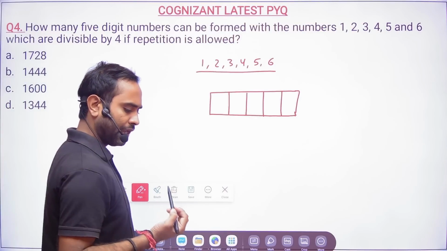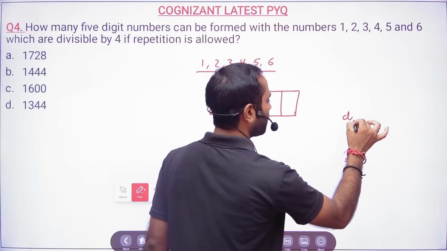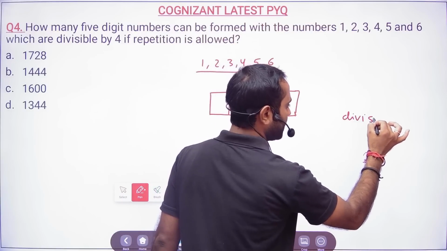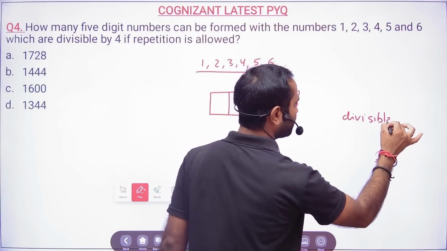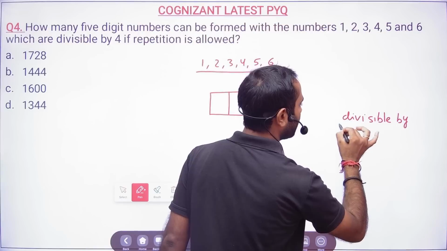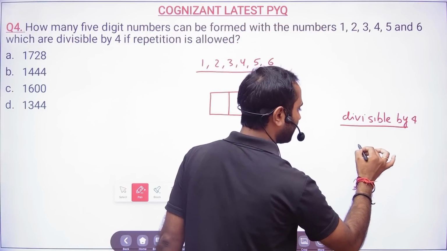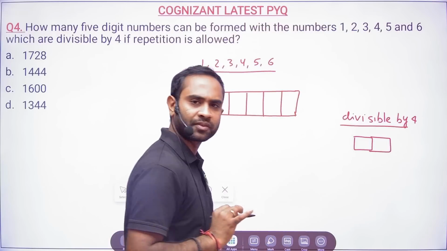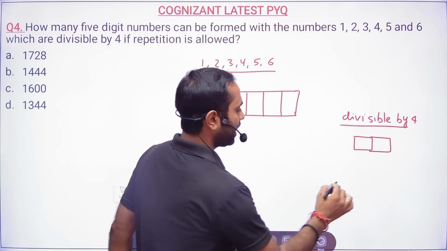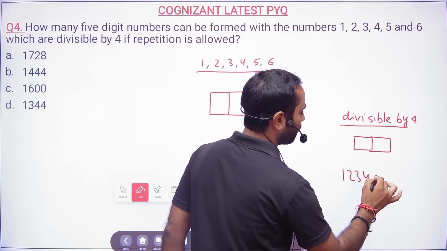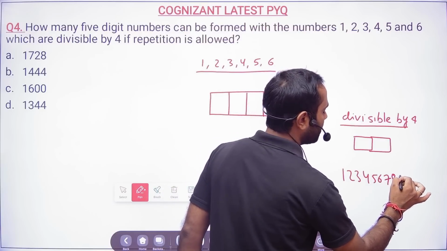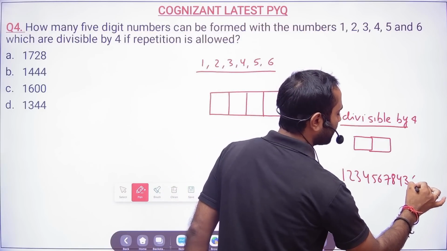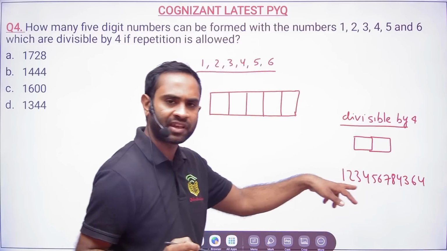Now, if a number is divisible by 4, then the last 2 digits of the number should be divisible by 4. If I ask you about 1, 2, 3, 4, 5, 6, 7, 8, 9, 4, 3, and then 6, 4, can you tell me if this number is divisible by 4?